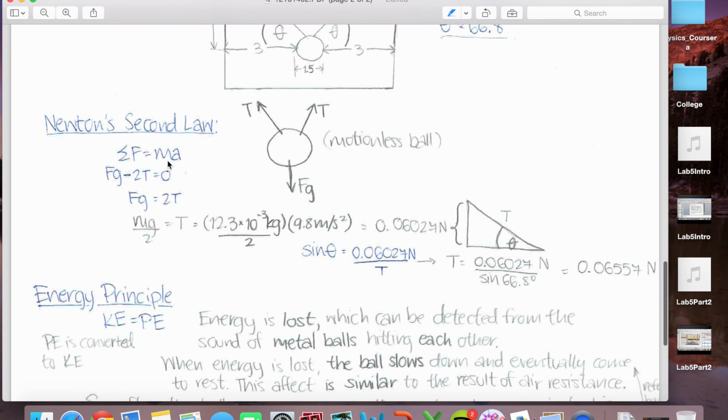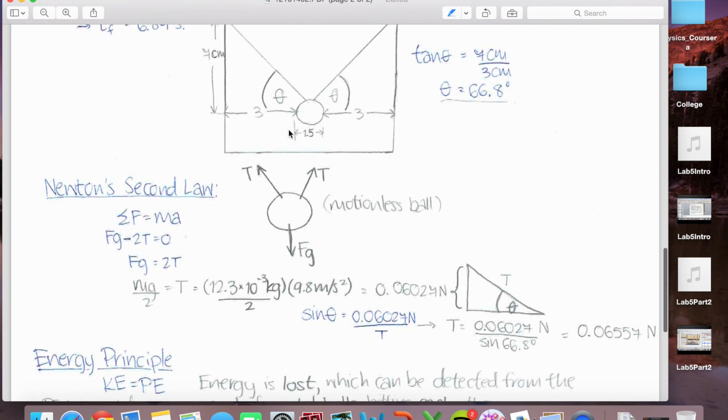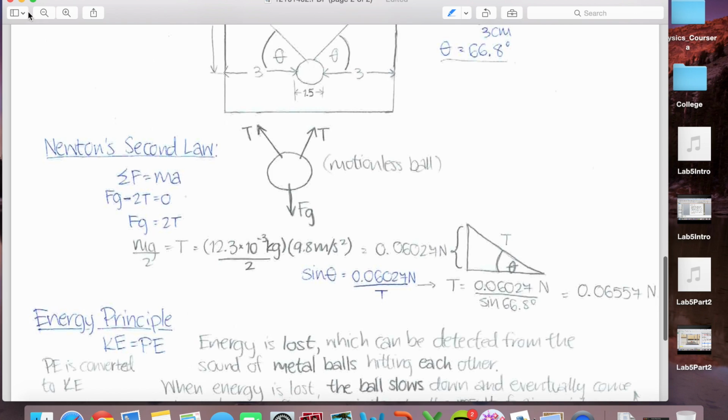Once we get the angle, we can use Newton's second law, the sum of the forces equals ma, to find the tension by this calculation, and the tension will be 0.06557 Newton for each side because there are 2 strings on the ball.